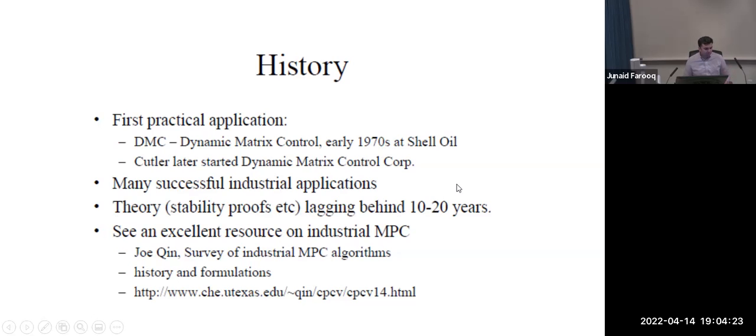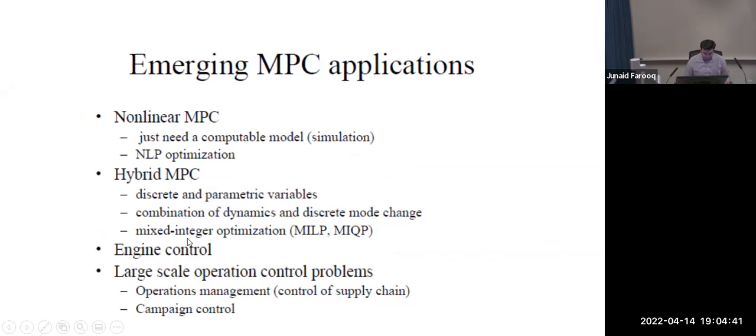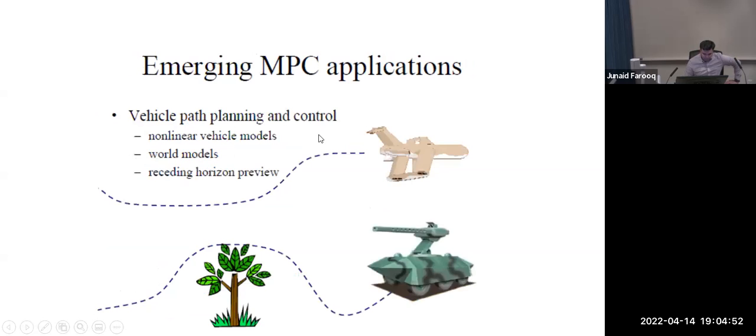So we don't have the explicit proofs of many ideas like stability and other concepts, but at least the controller works and is used in many practical applications. These are some of the emerging different controllers related to the MPC. And the applications could be many.